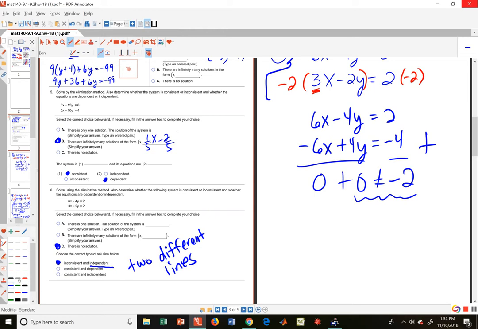The inconsistent part is saying that there is no solution. There's a contradiction, in fact, because 0 cannot equal negative 2. All right, so that's a little bit of that terminology.